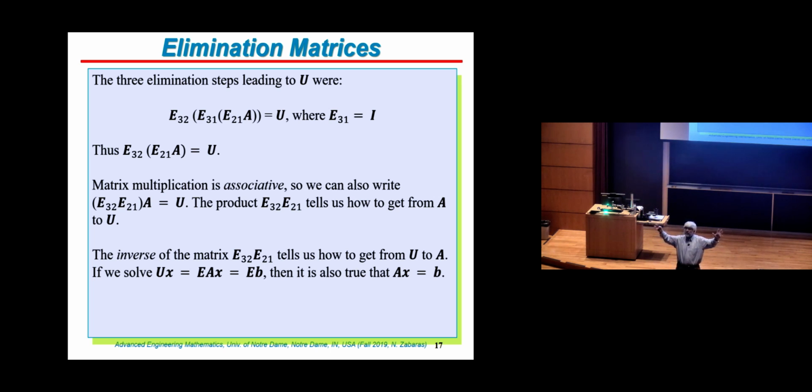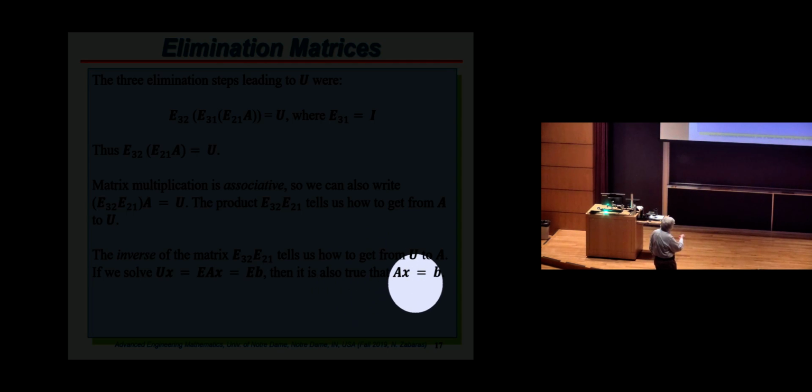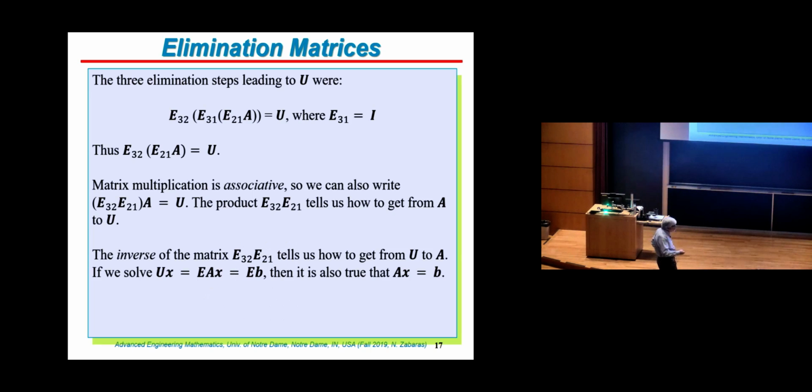There was one theorem there with products, and are these elimination matrices invertible? We haven't said anything, but as we will see shortly, the answer is yes. If they were not invertible, the two systems would have different solutions, okay? So effectively, we haven't really changed anything.